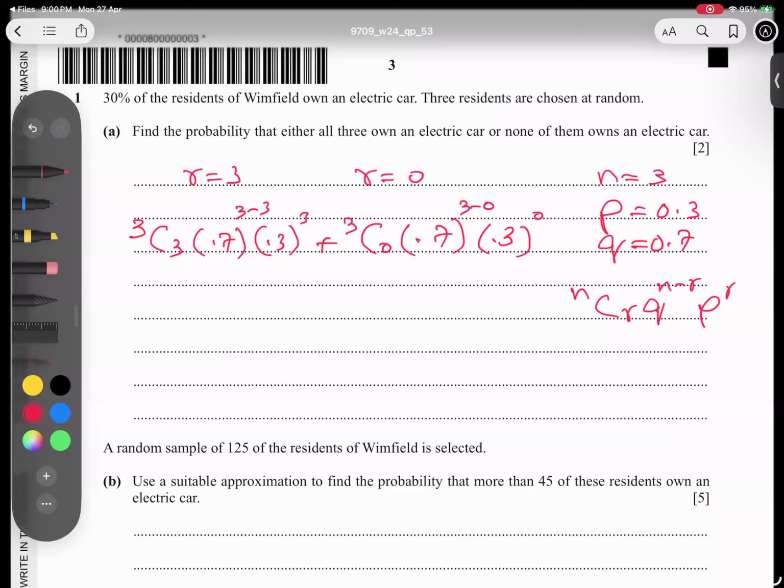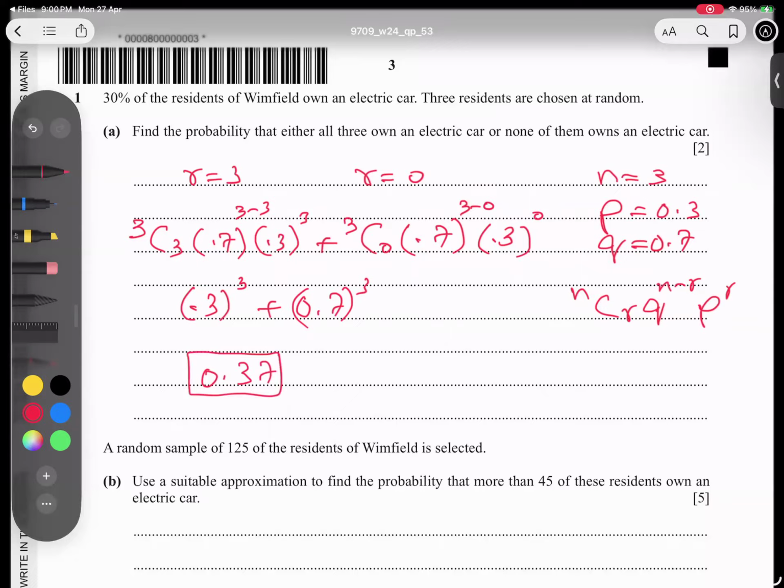So this is a 1 and this is a 1. It means basically 0.3 to the power 3 plus 0.7 to the power 3. If we expand it and apply it, we get the answer 0.370. I hope the point is very clear.